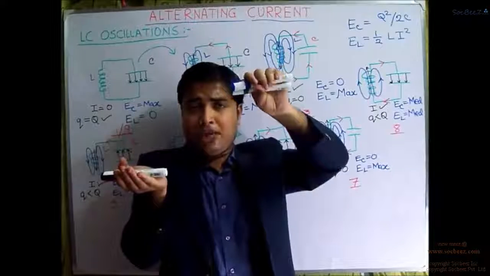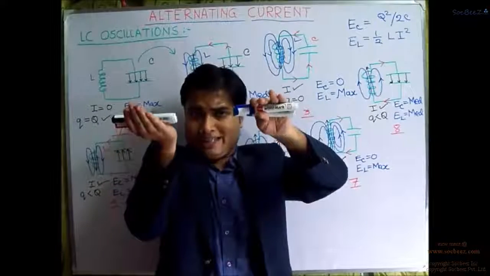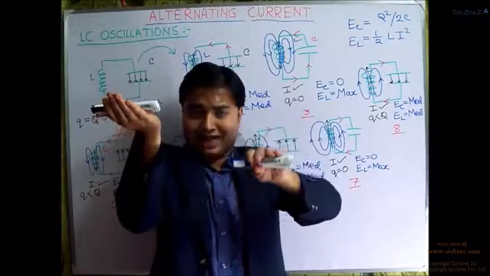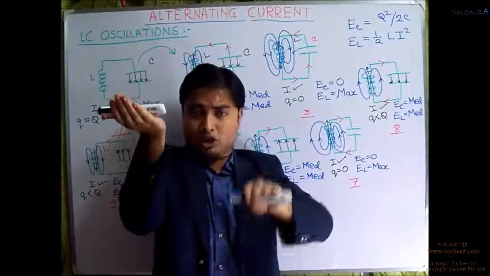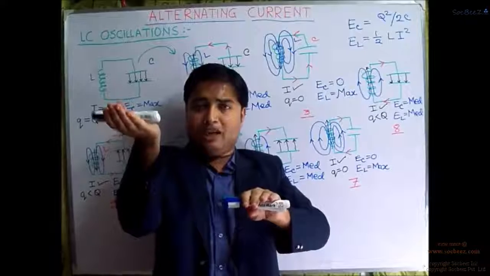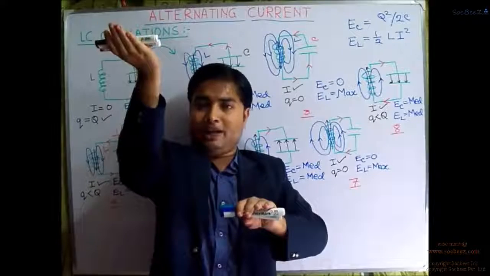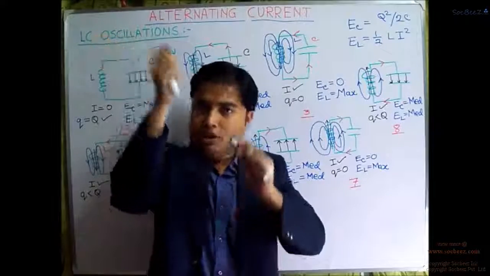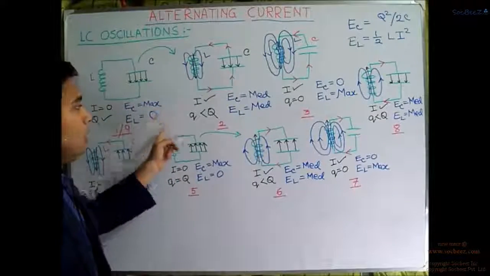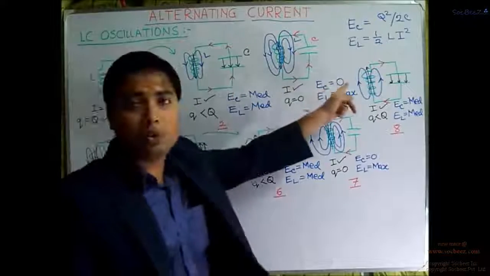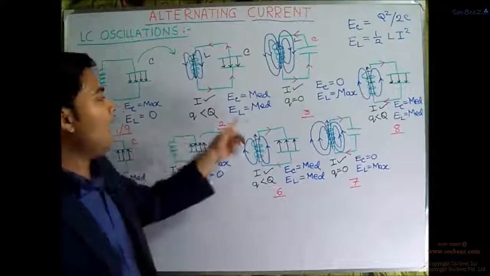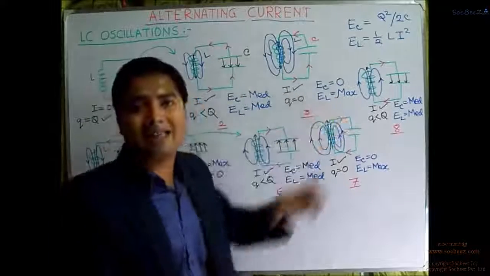There will be a situation when both will be at the same level. And after that, the energy associated with the capacitor will decrease to 0, and the energy associated with the inductor at that time will rise to its highest point, the maximum. So it happened like EC maximum, now EC medium, now EC 0. Just the opposite: EL 0, EL medium and EL maximum.